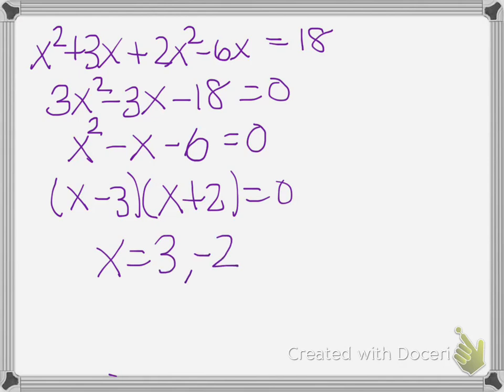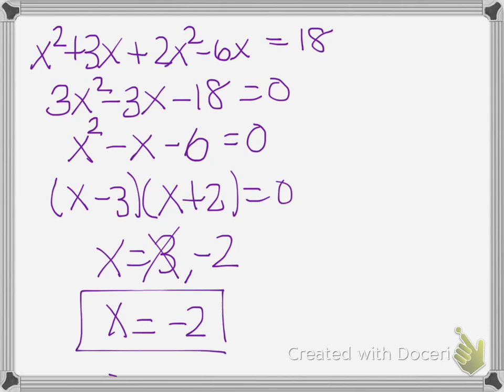Pause, don't box it just yet, because you got to check and make sure that it doesn't cause 0 in the denominator. And remember, our denominators were x minus 3, x plus 3, and x squared minus 9. So 3 does not work, and our only answer is x equals negative 2.